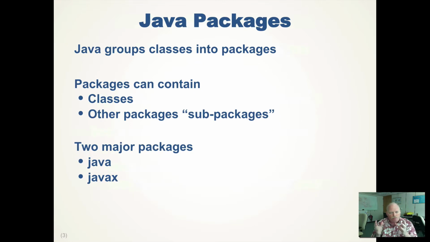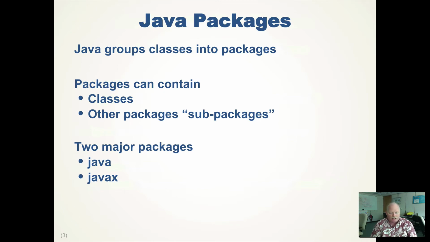So Java organizes its classes into what they call packages, and packages can contain classes, so you would normally put classes that are related to each other into a package. Packages can contain other packages or sub-packages, so you can have a hierarchy of packages. And in Java, there are two major packages.